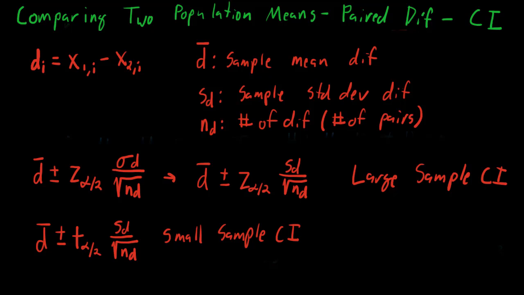And since we're using t sub alpha over 2, we need to know the degrees of freedom for that. The degrees of freedom for t sub alpha over 2 is equal to n sub d minus 1, so the number of differences that we have, minus 1.